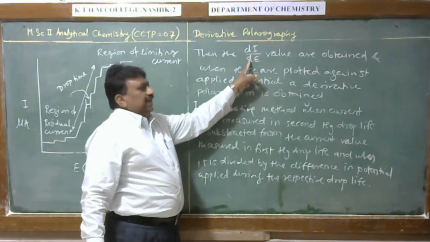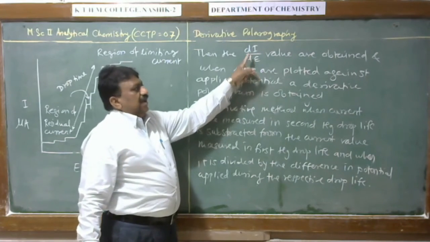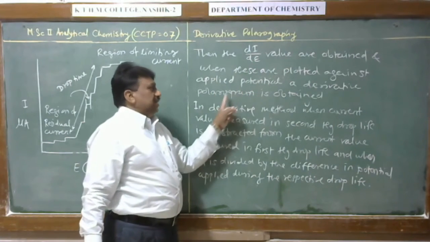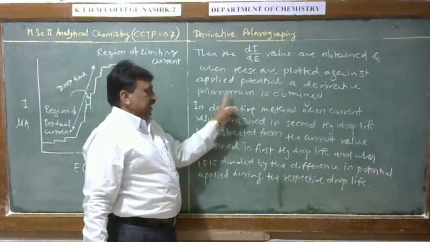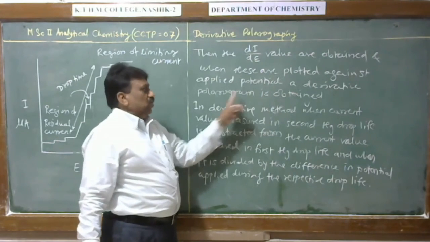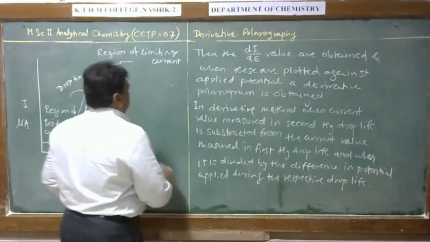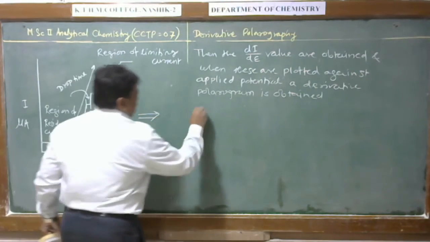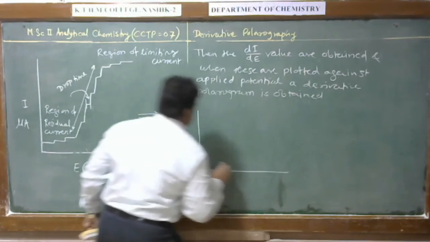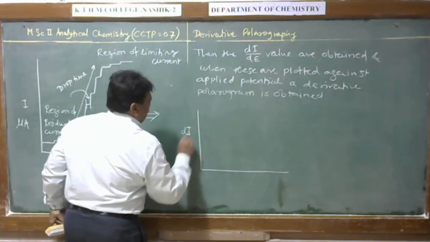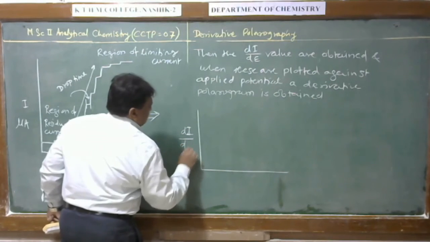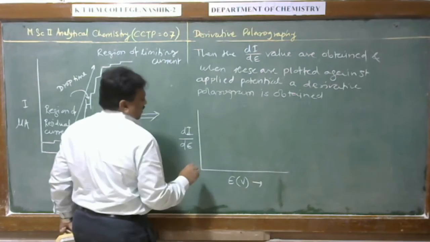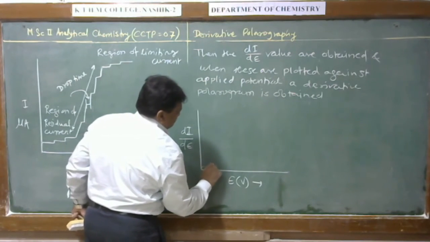This ratio di upon dE is obtained, and when it is plotted versus the continuously changing potential applied to the working electrode, we have a derivative polarogram. This polarogram can be converted into a derivative polarogram in this fashion. Therefore, di upon dE versus E gives a graph in this fashion.